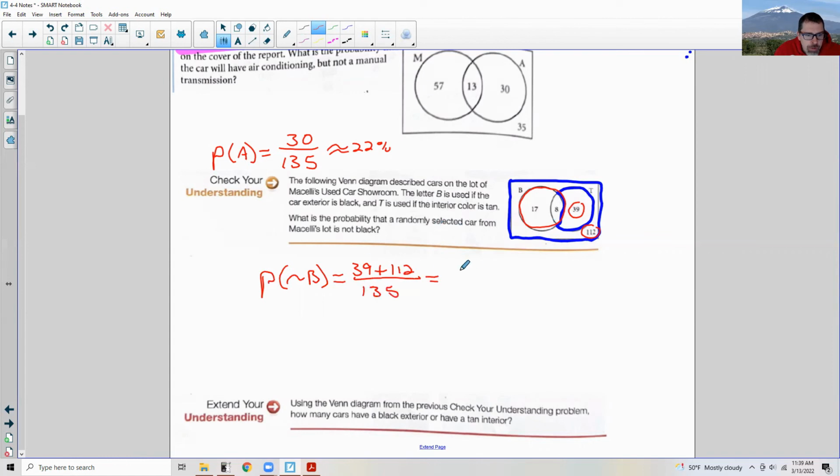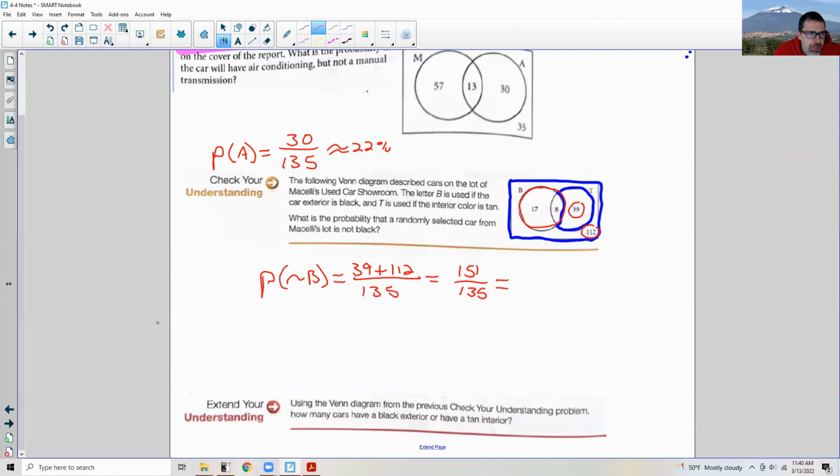So 39 plus 112 is 151. Okay, 151 out of 135. So the probability of a randomly selected car is 151 out of 135.